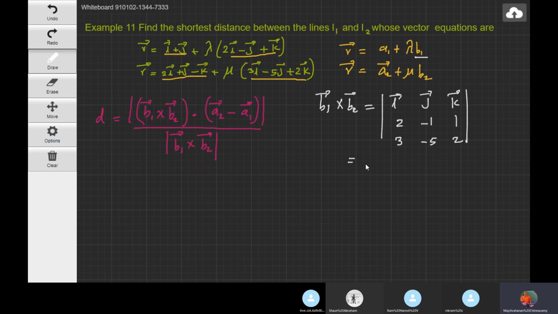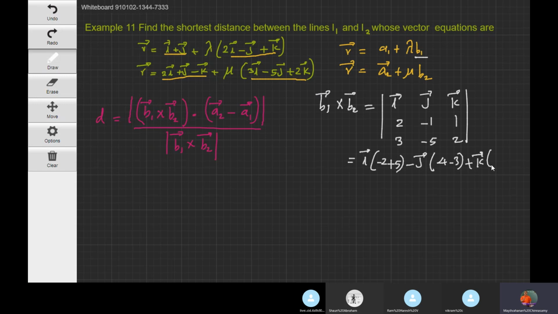So find the I determinant. Take a row and column, leave that row and column, and cross multiply this. Minus 2, minus of minus 5, so plus 5. Minus j: now leave the first row, second column: 2 twos are 4, minus 3.